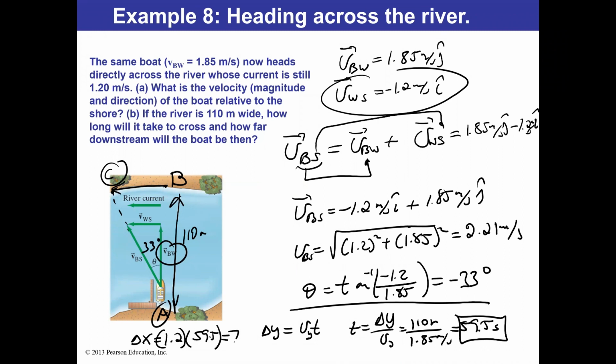That means it's going to be roughly 71 meters from point B, if the boat is actually heading 32 degrees in that direction with that speed. So it's going to be 71 meters away from where it wanted to be, technically.